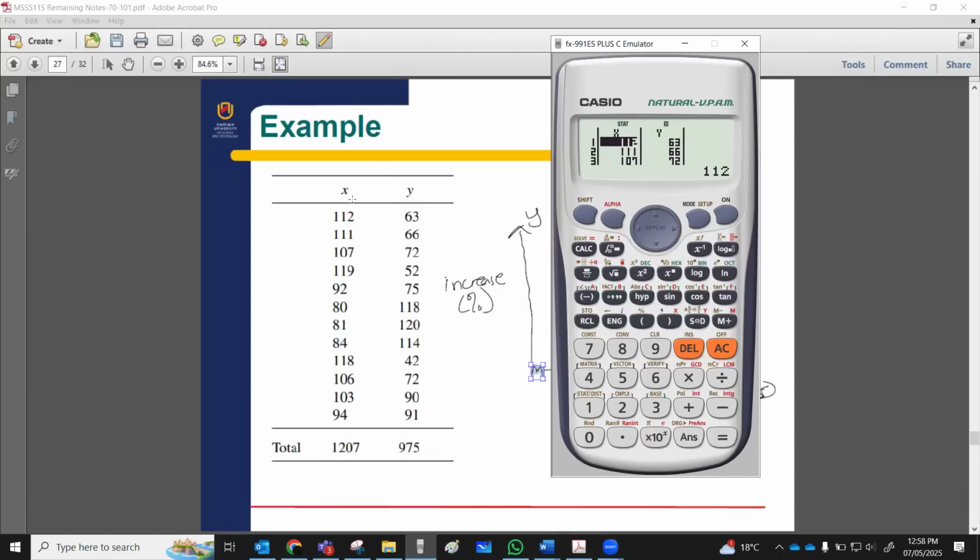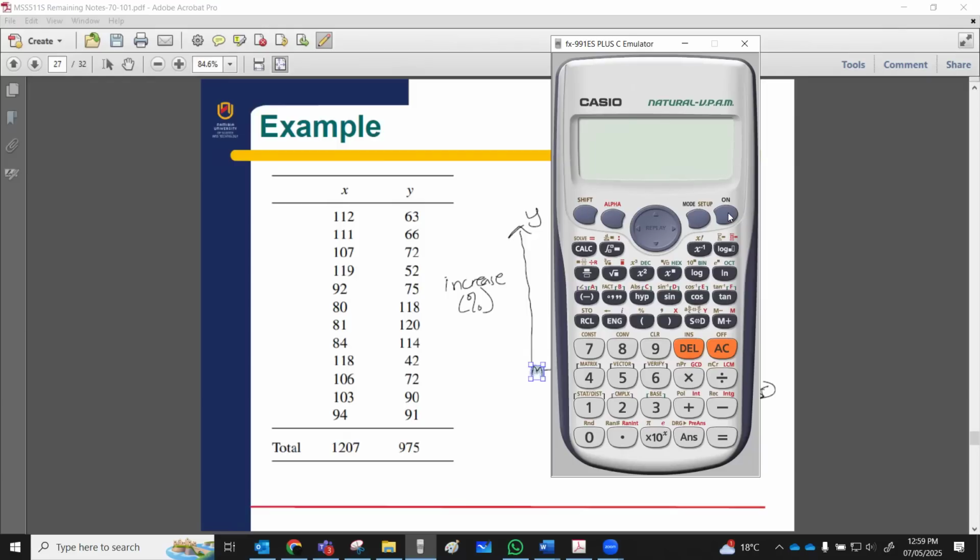You enter your X values first, 112 equals, 111 equals, 107 equals, and so on. Then after you're done with all the X values, you just use your right arrow to go to the Y values. Okay, and you enter them.